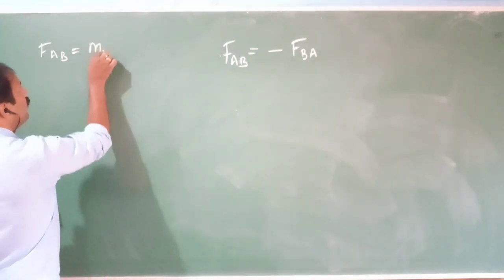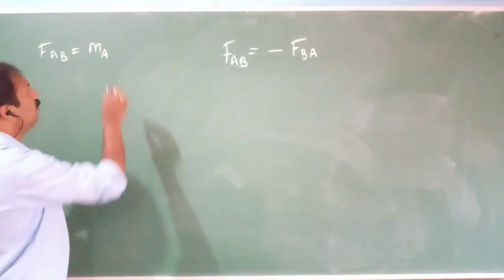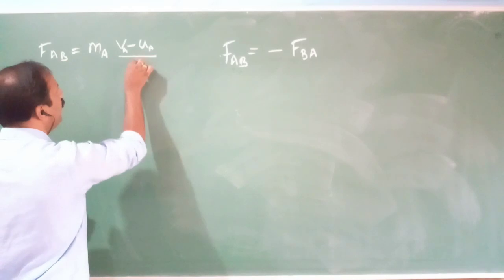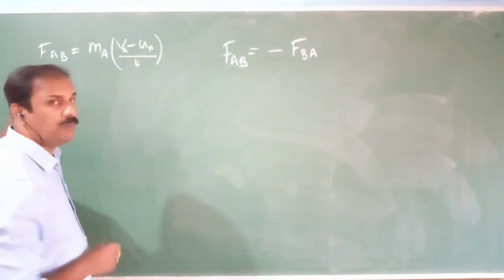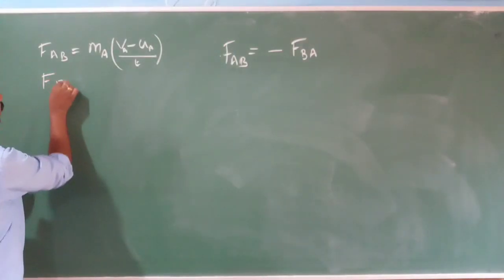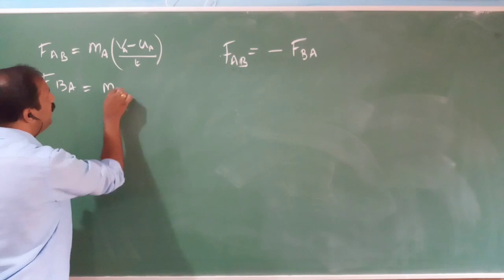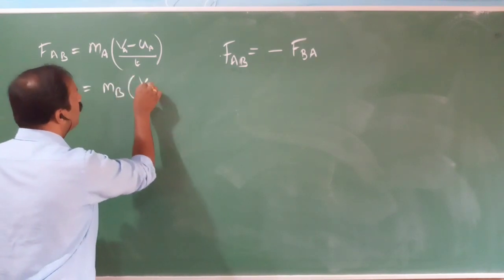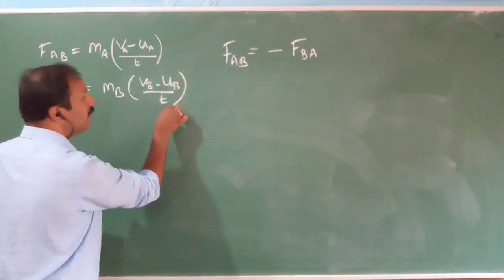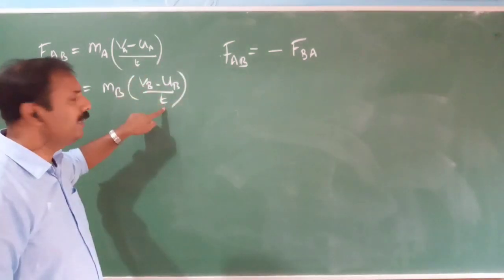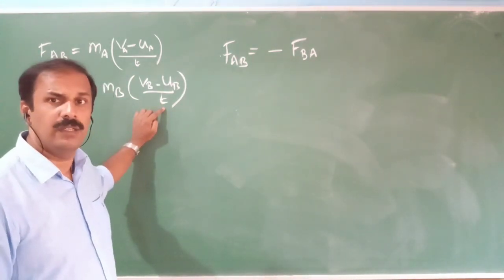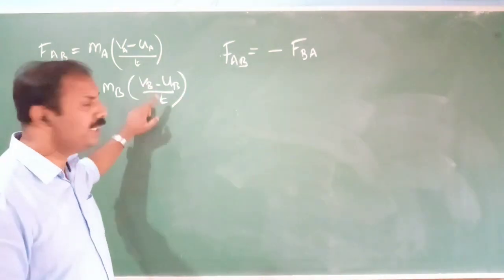So MA means mass of the object into VA minus UA divided by T. This is the force acting on A due to B. Similarly, force acting on B due to A can be written as MB into VB minus UB divided by T. There is no need of writing separate times for A and B, because the time is common. The interaction time, the hitting time, is common for both. Both are going and hitting at the same time.